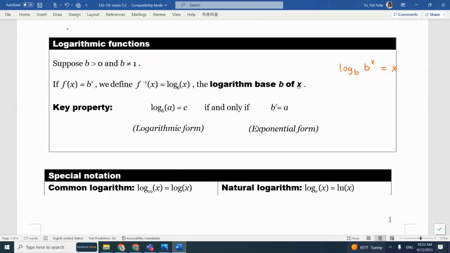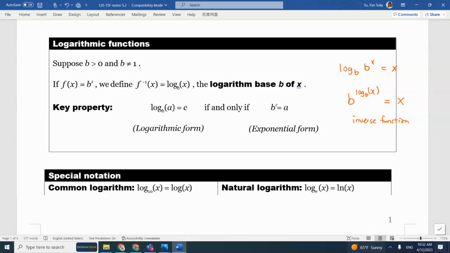And also b to the log b of x, the b and the log b also cancel, you also get the x back, because they are inverse functions. Okay? So that is the inverse functions property.